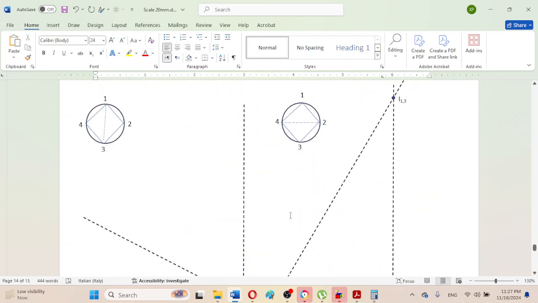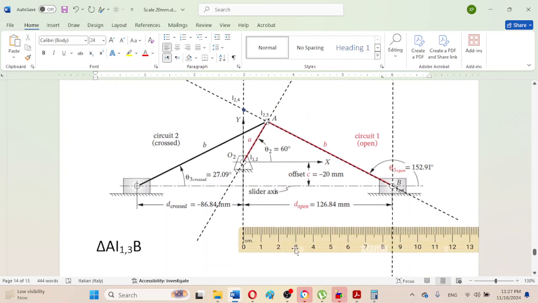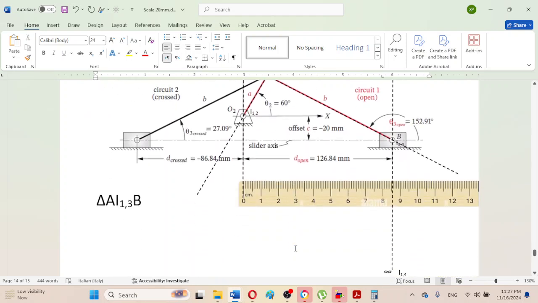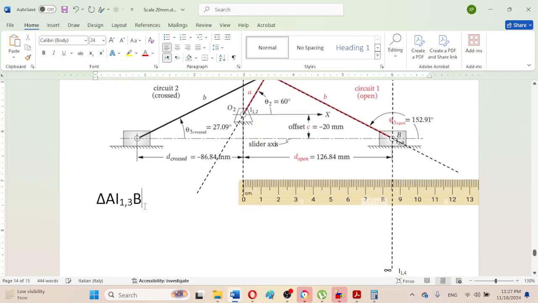So because this instant center has been located in this view, now I will be measuring the distances in this triangle A I1,3.